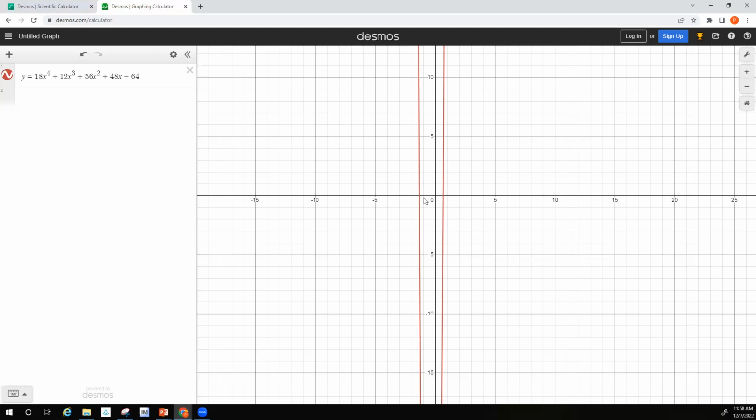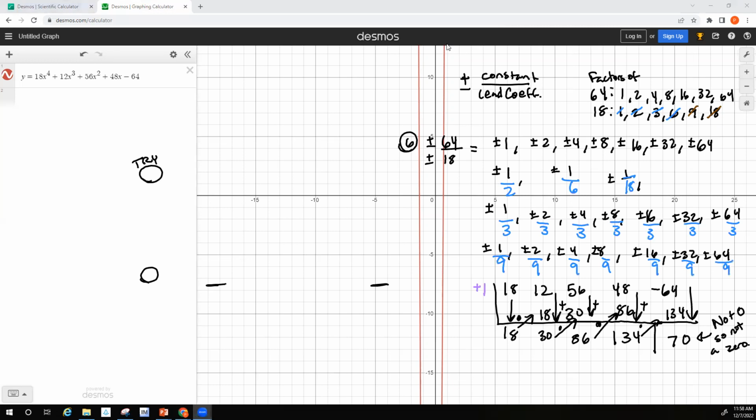So if we look at our zeros, -1 over -1.3, it's going to be about right there, -4/3.